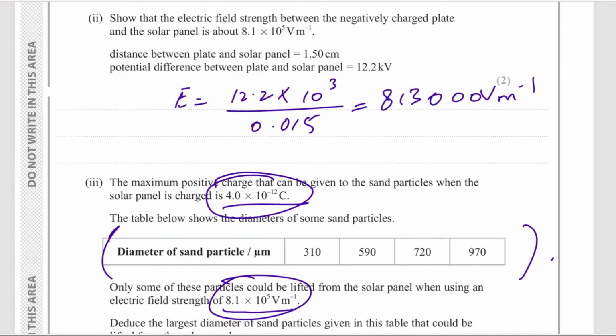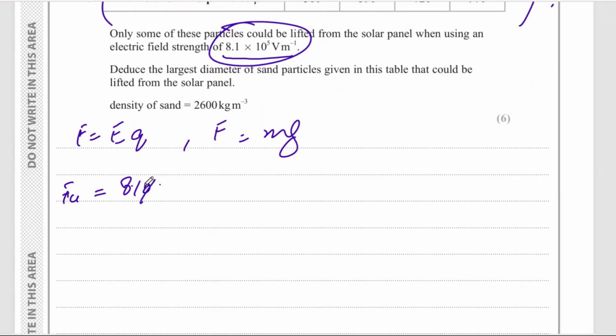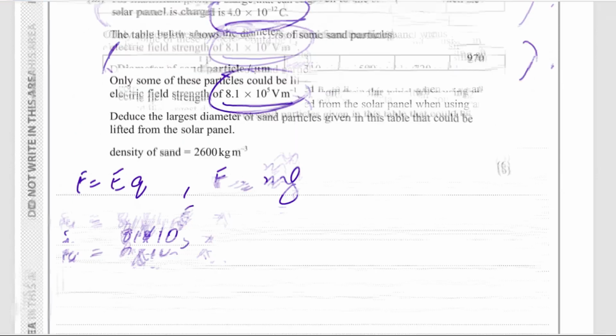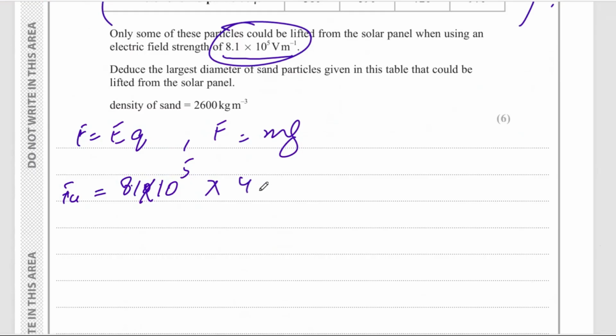Okay, I'm just going to use the value that's been given: 8.1 times 10 raised to the power of 5 times the charge. The charge is going to be 4 times 10 raised to the power of negative 12. I'm just going to multiply them, and I've got 3.24 times 10 raised to the power of negative 6 newtons, right? That is the upward force acting on that particle.